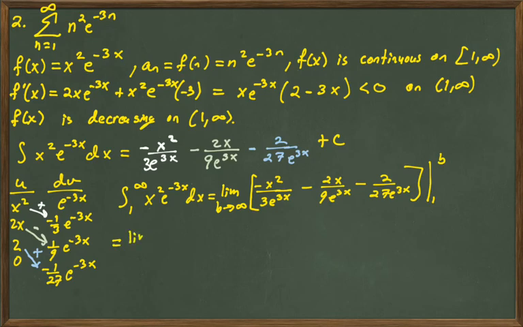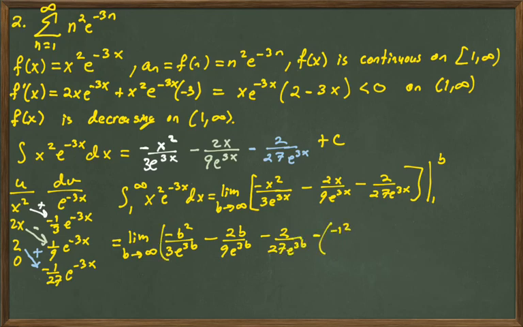So that's going to be equal to the limit as b goes to infinity of negative b squared over 3e to the 3b minus 2b over 9e to the 3b minus 2 over 27e to the 3b, minus the quantity negative 1 squared over 3e to the 3 times 1 minus 2 times 1 over 9e to the 3 times 1 minus 2 over 27e to the 3 times 1.